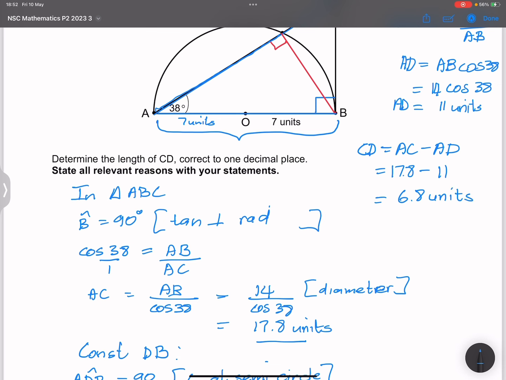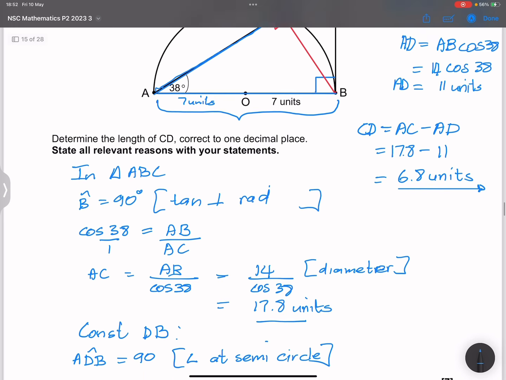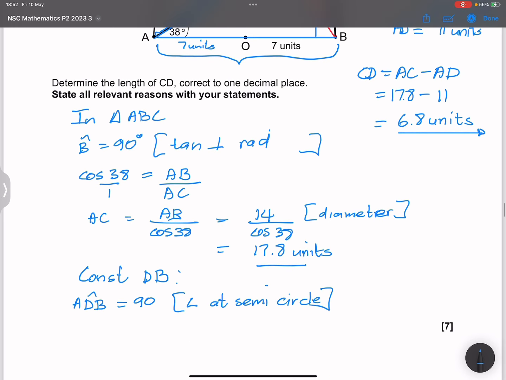All right, and you could have chosen to round off at the end, and nothing wrong with that, but we would get more or less the same answer. All right, and that is how the cookie crumbles in this question. That's out of 7 marks. Let's go to the next one.